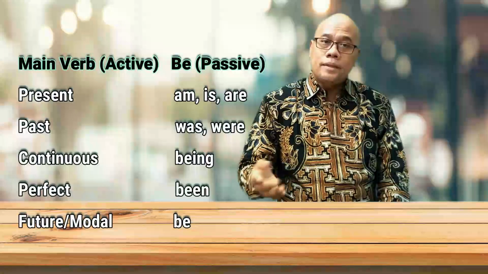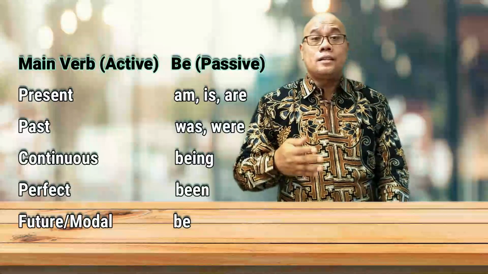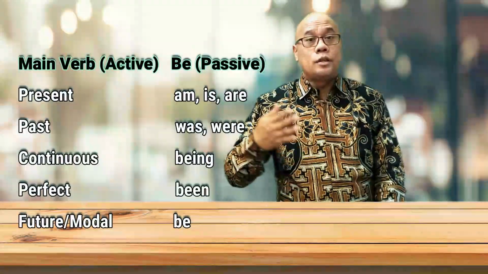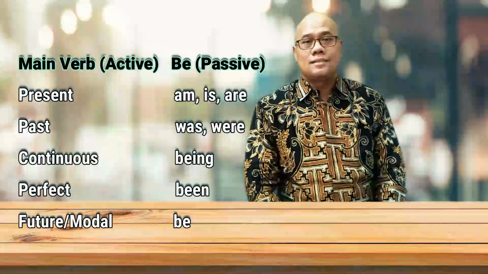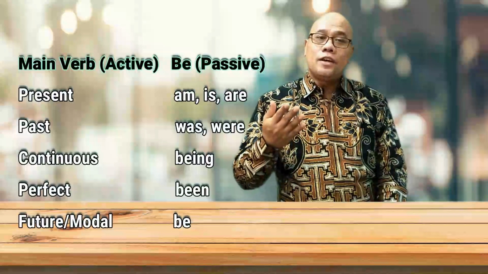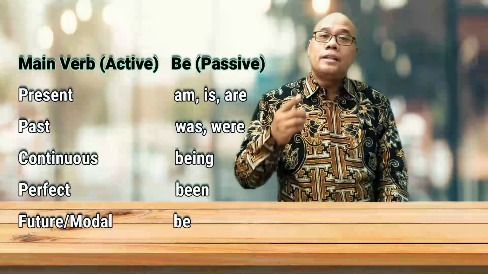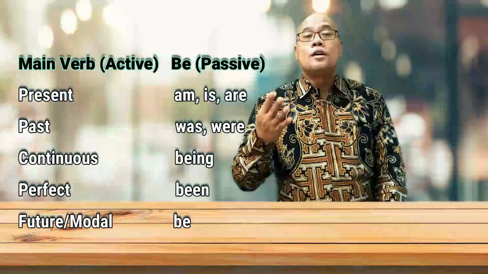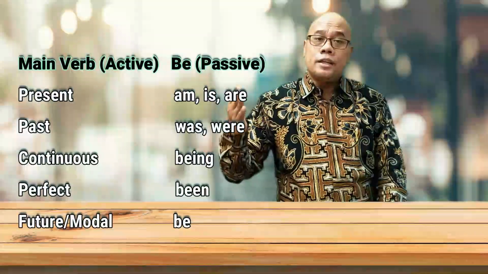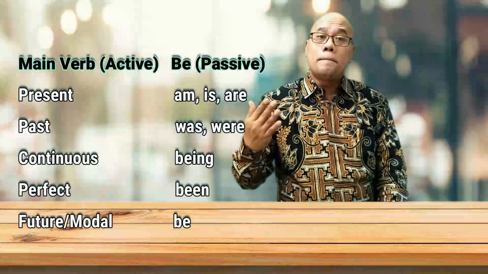If the main verb in the active sentence is in continuous, the be used in passive voice is being. If the main verb in the active sentence is in perfect tense, the be used in passive voice is been.